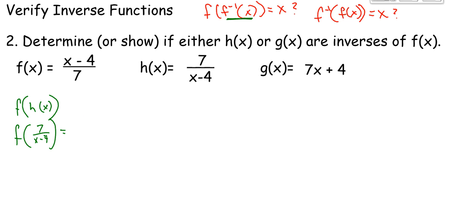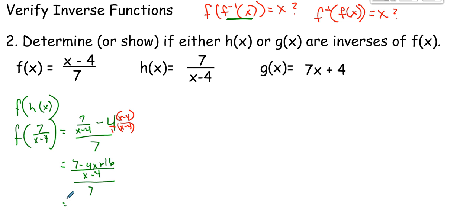So it's 7 over x minus 4, over 7. And I've got to do some manipulating here. I'm going to leave this 7 in the denominator, but 4 I'm going to say is 4 over 1. I'm going to get a common denominator up there by going x minus 4 over x minus 4. And then that's going to give me 7 minus 4x plus 16 all over x minus 4, and it's still all over 7.